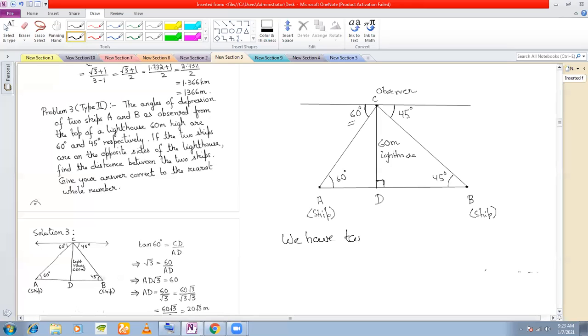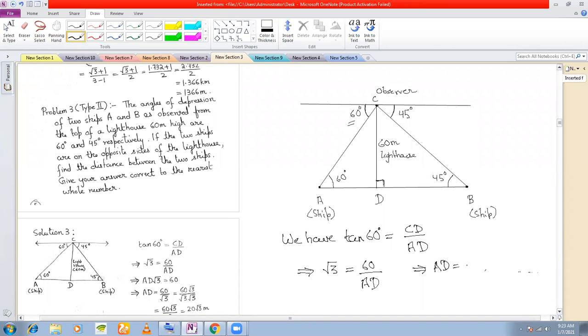So we have tan 60° is equal to CD by AD. Now tan 60 is root 3, and CD you know as 60. You can find AD from here.